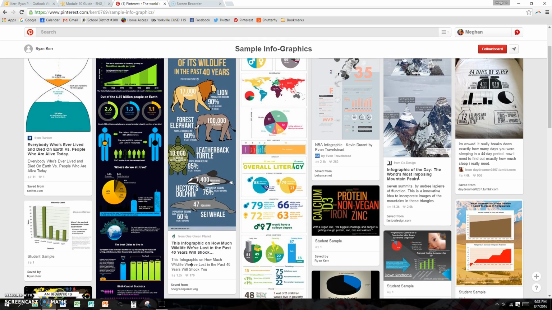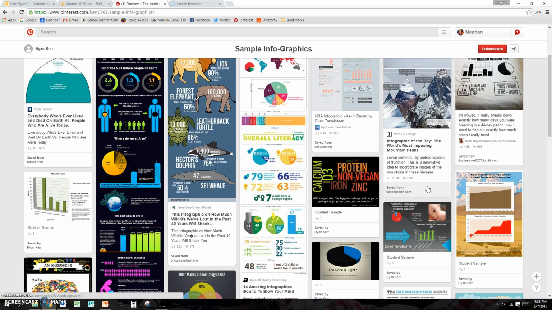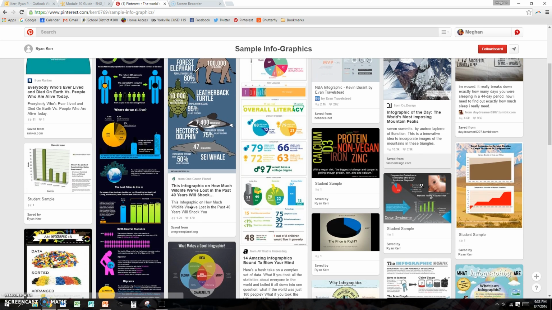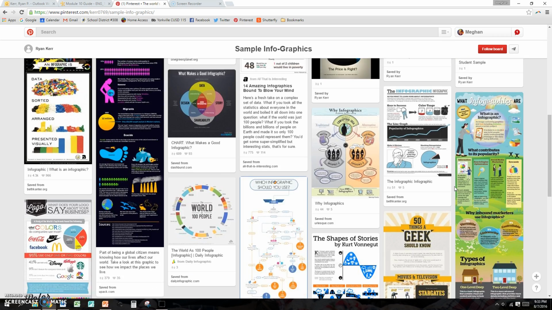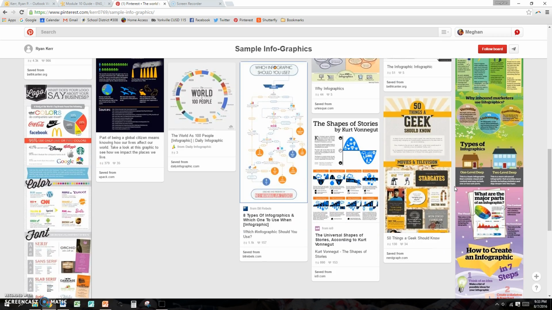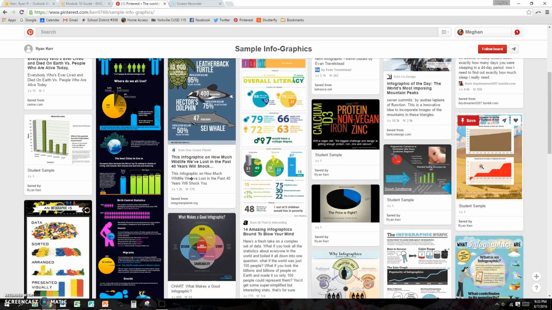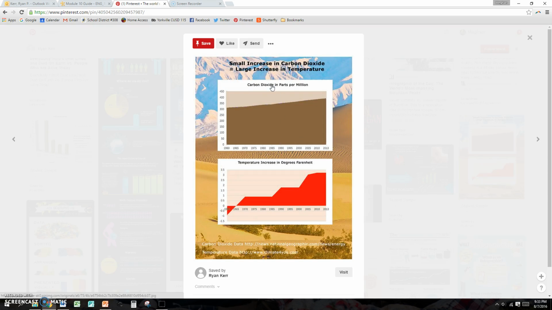And there's various other ones on here that are really interesting, but there's a few from former students that I want to draw your attention to, okay? There's some professional ones here as well. One is right here. The student was talking about climate change, and he created these graphs to show that a small increase in carbon dioxide can lead to a large increase in temperature.